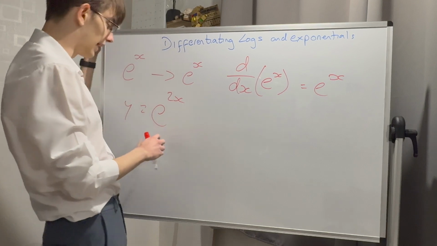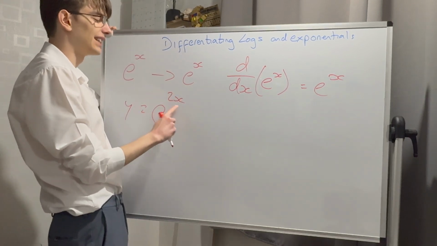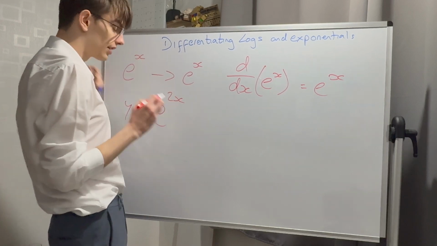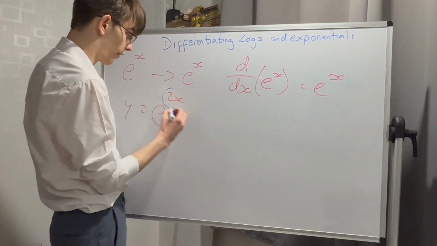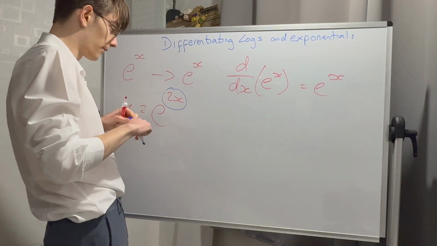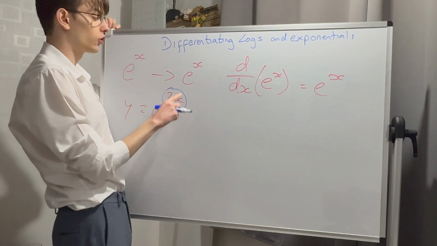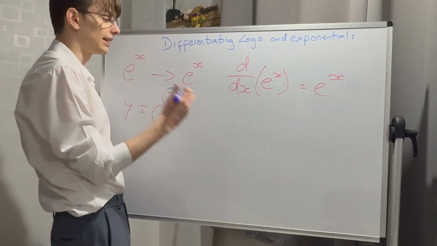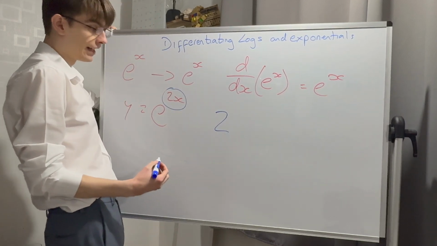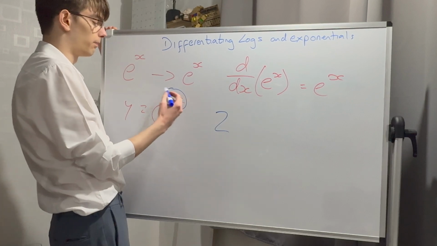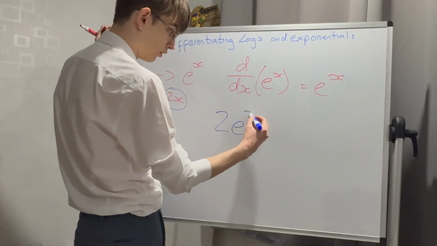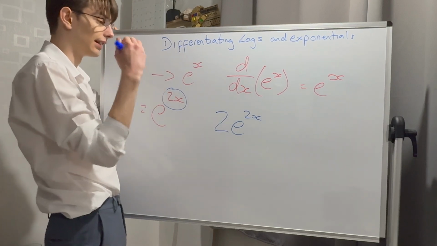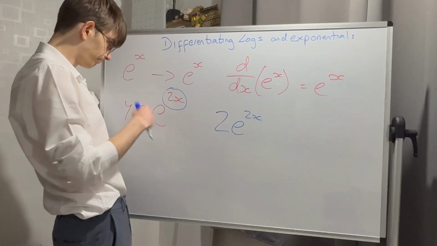In order to differentiate something with an extra number in the e to the 2x, I take the argument, the thing that the function is acting upon, and differentiate that. So the derivative of 2x is 2. And then I just plop the old function back where it was. It's a very nice, easy little trick.